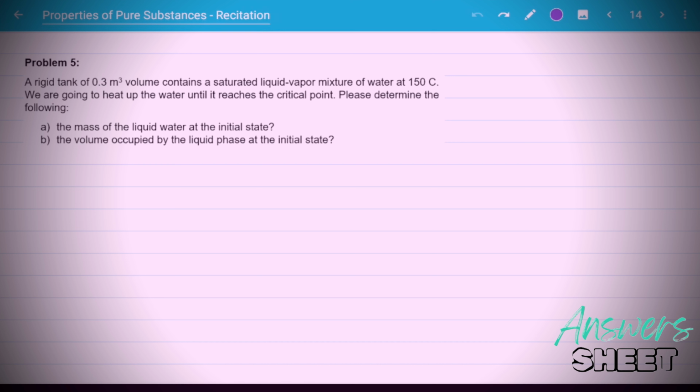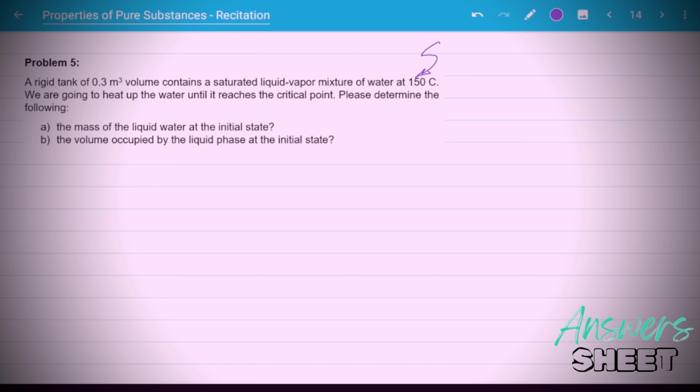Okay, so what do we know about the initial state? Remember, we always need two independent intensive properties to be able to fully express the state of a system. Now here, all we know is that initially it was 150 degrees. We also know that it was a saturated mixture, but we don't know where between saturated liquid and saturated vapor.